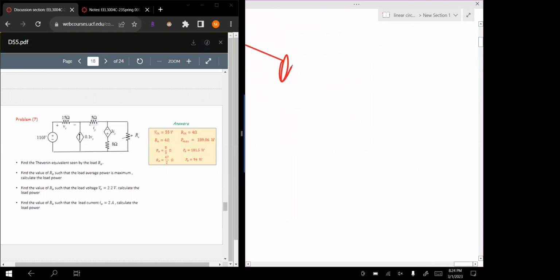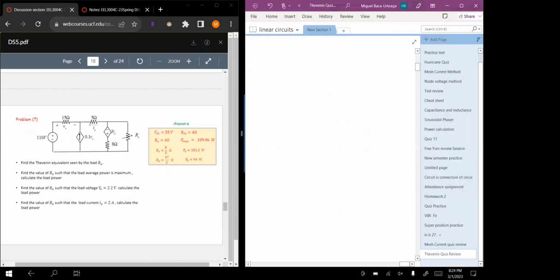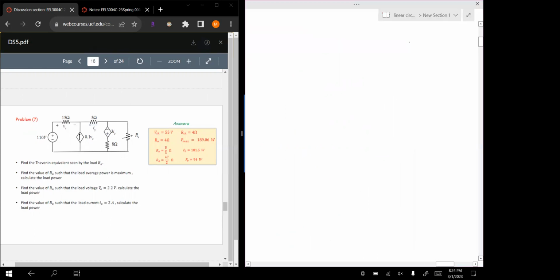We just need to find the Thevenin equivalent and the R Thevenin. That's all. And then we could probably call it a night, because I'm also trying to get a good night's sleep before the quiz tomorrow.